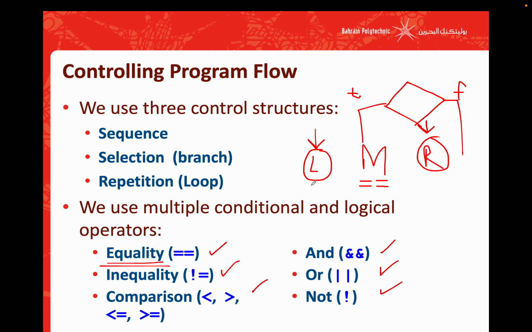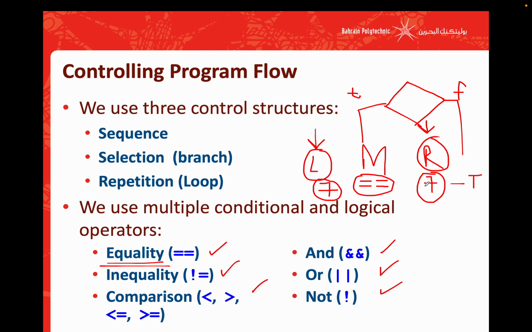For instance, if I write 7 is equal to 7, the equality operator looks at the value 7 on the left side and checks if it is the same value that is present on the right. If it is, this will give you true.